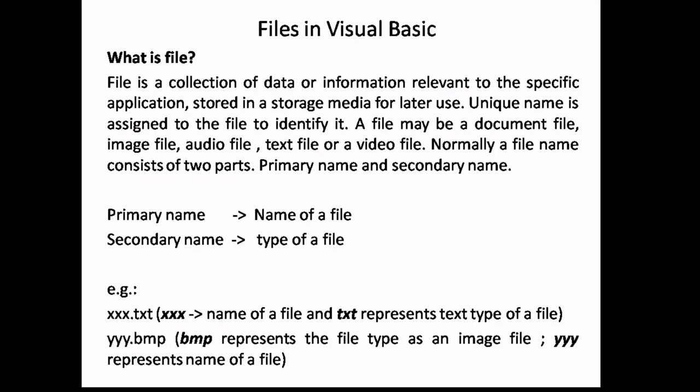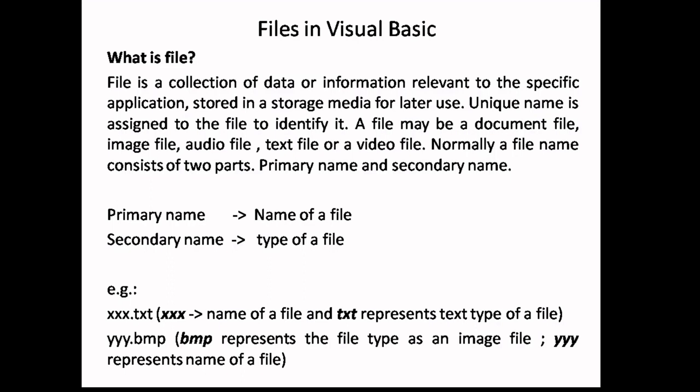They are nothing but names of files. For xxx.txt, we can easily tell that the name of the file is xxx and the type of the file is a text file, because of the secondary name after the dot symbol, txt.